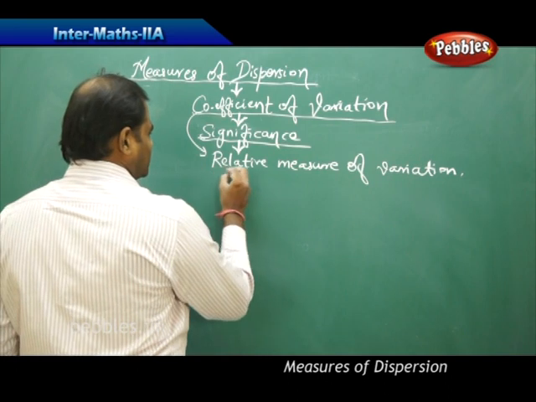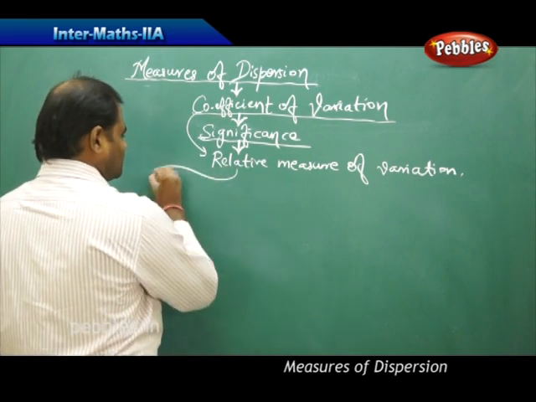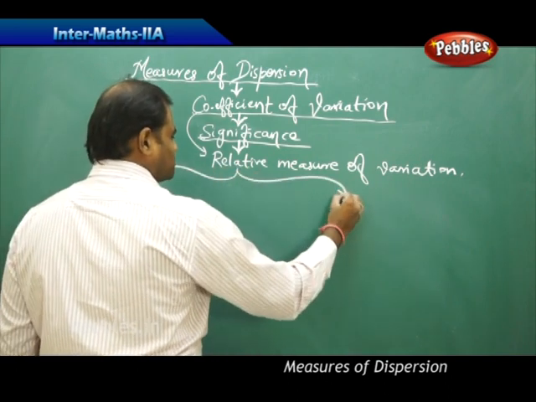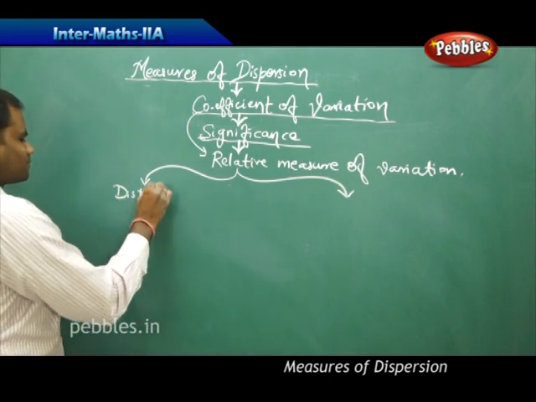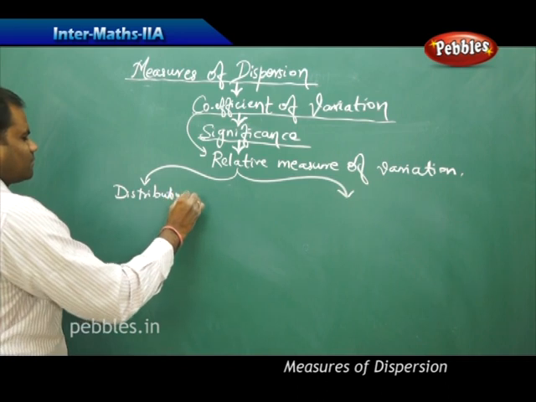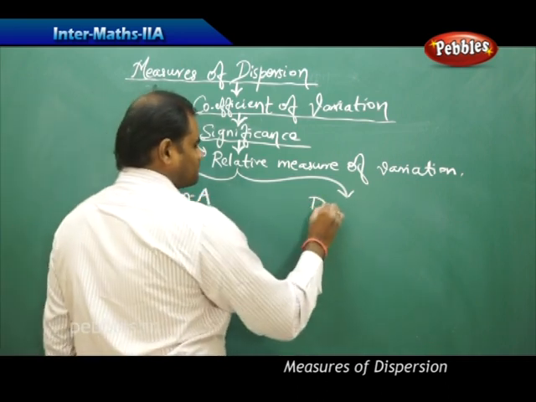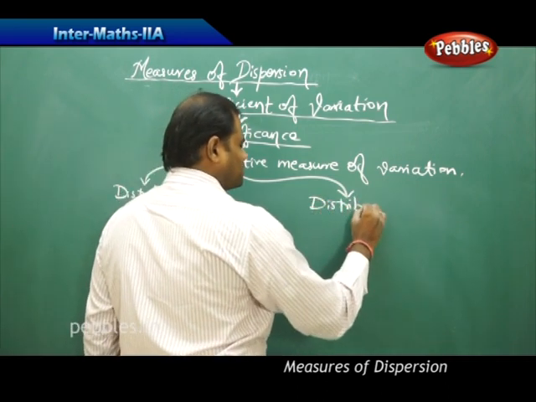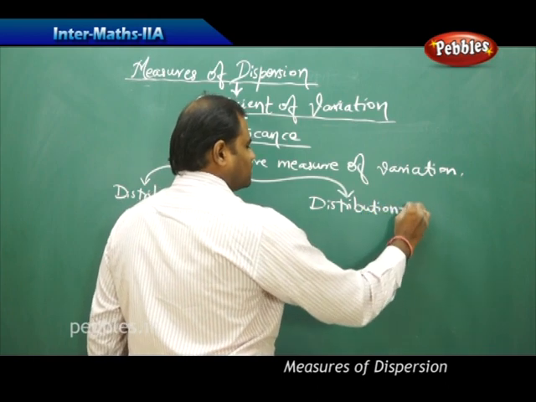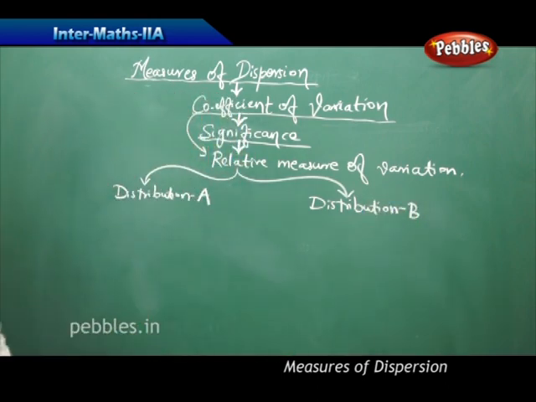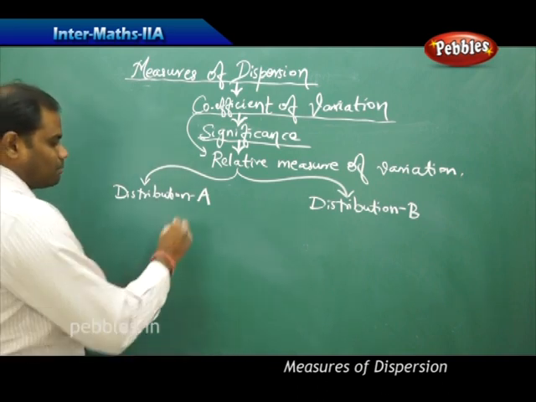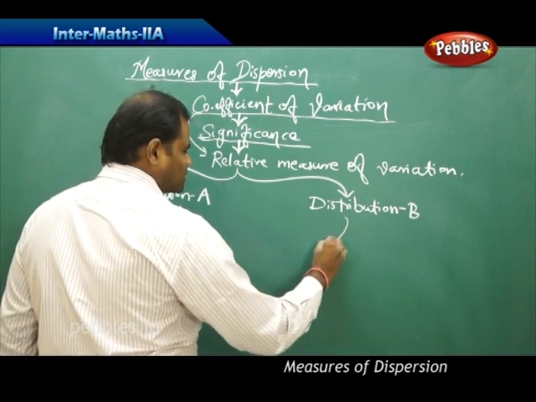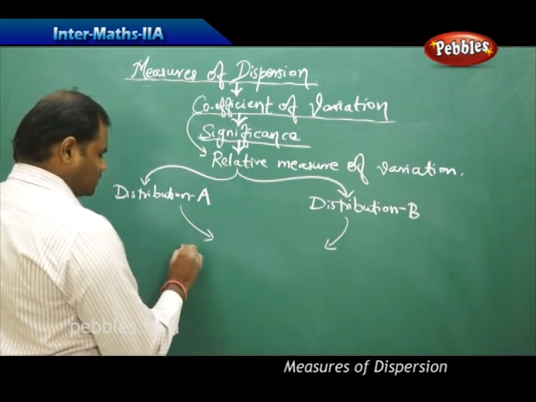So in order to find this, let me take two distributions, distribution A and distribution B, each having its own respective data. Then I can compare these two distributions using the following points.